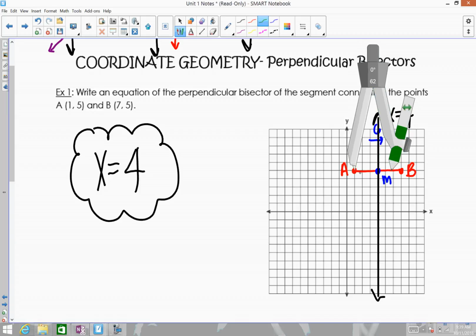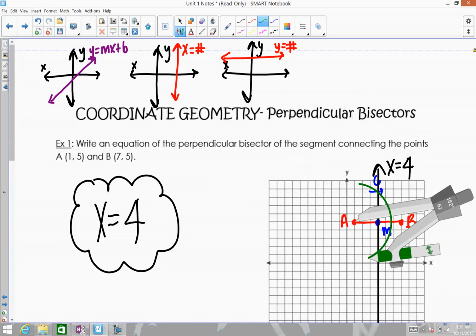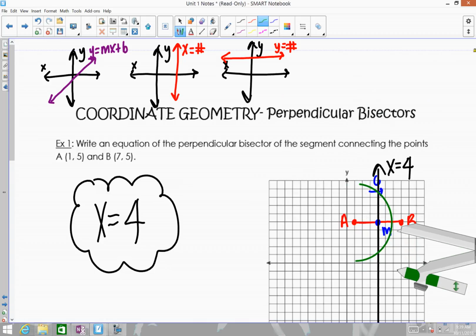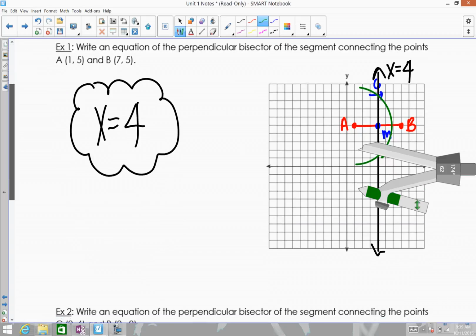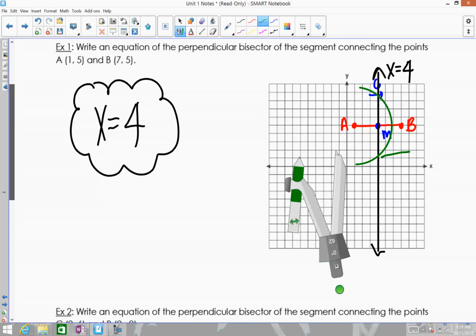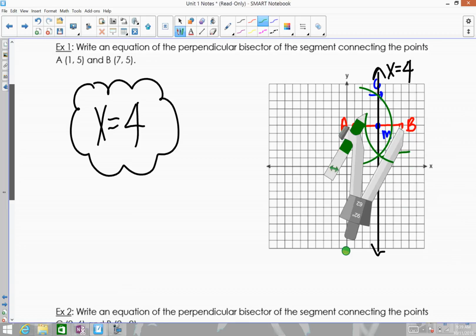You've got to make sure it's right on the intersection there. And if I make an arc, and then I move the compass over here, making sure it's as close as possible to being on that intersection, make an arc.